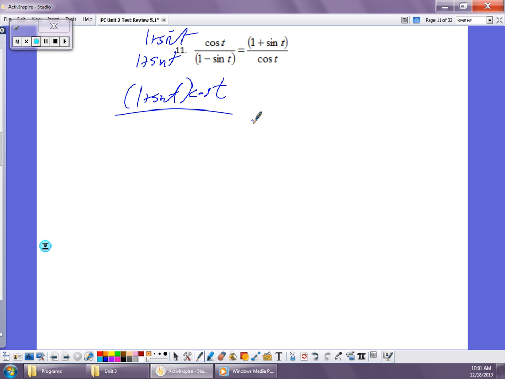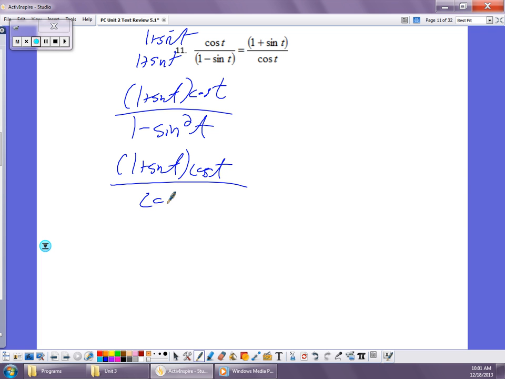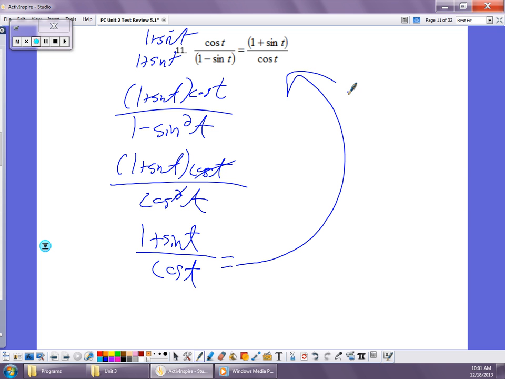Down here, this is a difference of squares, right? 1 minus sine squared t. What does 1 minus sine squared t equal? Cosine squared. Good. Okay, and then the last step. Cosine cancels, so you get 1 plus sine t over cosine t, which is what we wanted. All right?